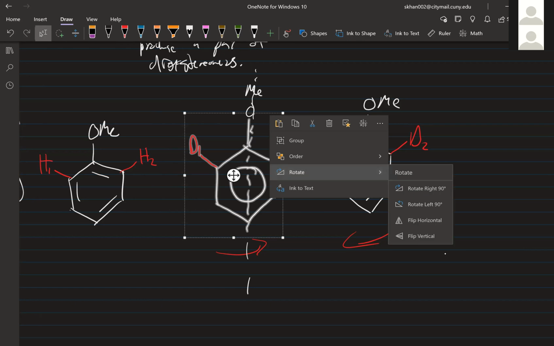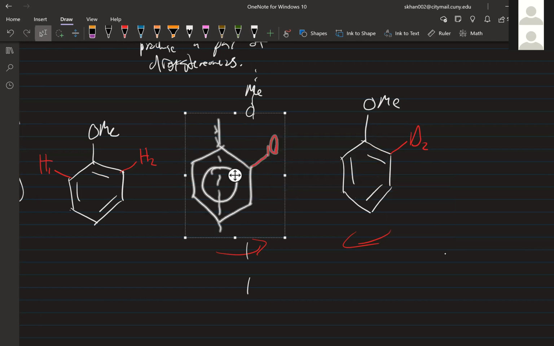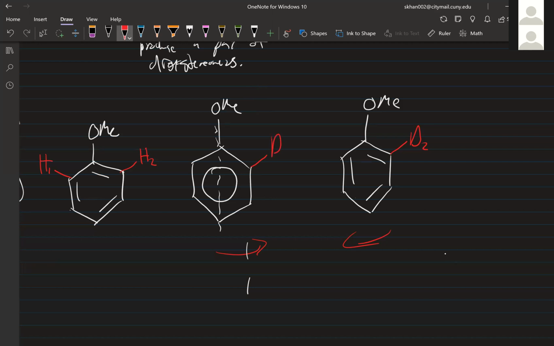So we'll do a horizontal flip, right? And what do we have here? Obviously, this kind of moved over, but it's fine. It's still OMe, right? We have D1 here. Like I said, it doesn't matter. Is it maybe easier to see now? Are they the same?